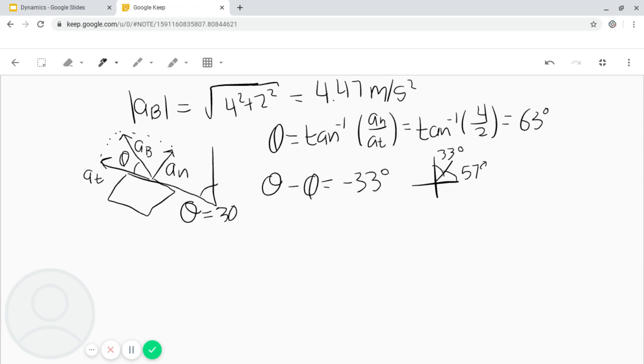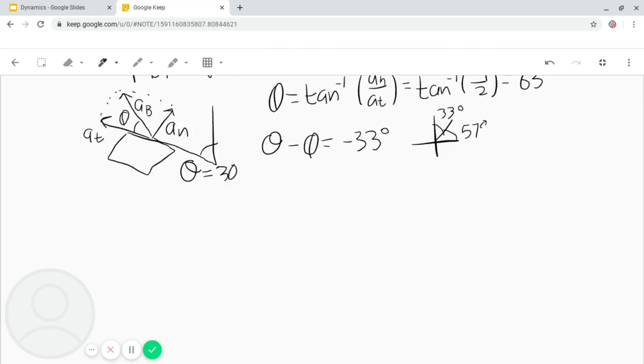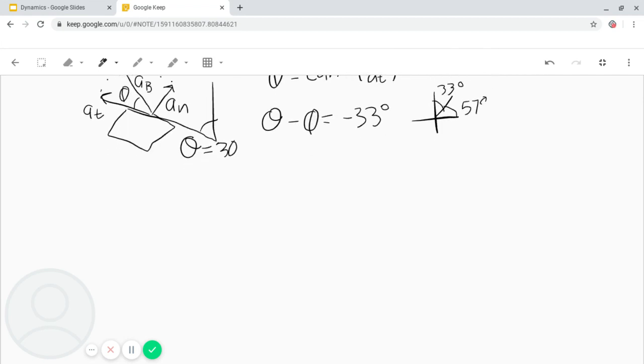This is all to say that the acceleration of car B is 57 degrees above the positive x-axis. So it just takes a little bit of geometry there. Then we can find the x and y components of the acceleration of B.